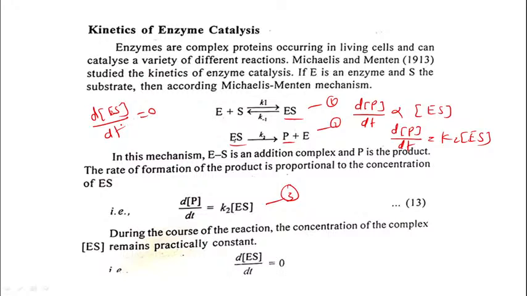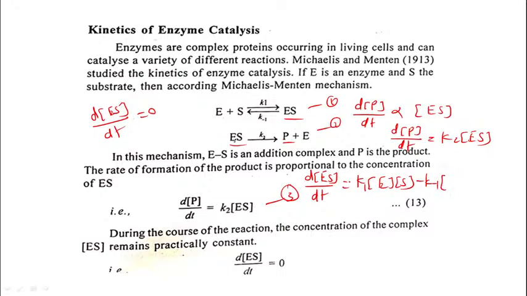So let us write down the concentration of the intermediate with respect to time here. d[ES]/dt is equal to, see, ES will be formed here, k1 is the constant for this, so k1 into concentration of the enzyme E multiplied by concentration of the substrate S. Now in the reverse process it gets converted back, minus k minus 1.